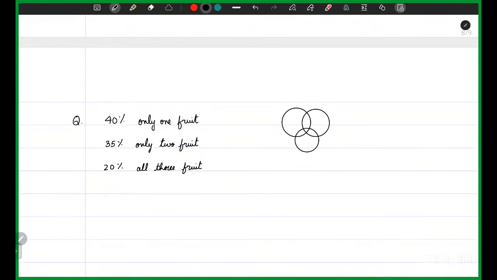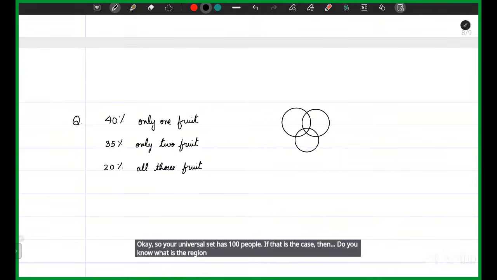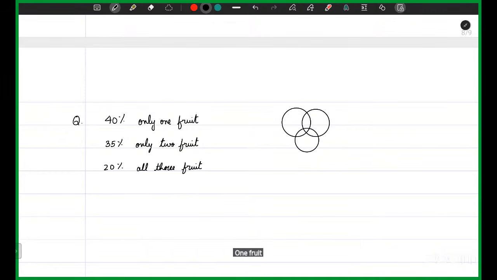Do you know what is the region represented in the Venn diagram which captures only one fruit? So let's say this is people who like fruit 1, fruit 2, fruit 3.